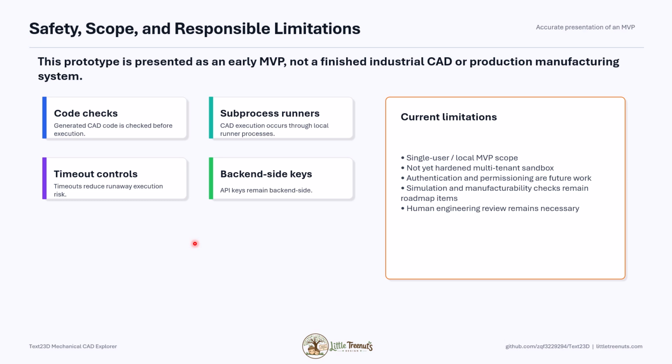The current limitation is that it is only single user and local MVP scope, and it is not yet a hardened multi-tenant sandbox. Authentication and permissions are not done yet. They are future work. Simulation and manufacturing checks remain roadmap items, in a future plan and not done yet. And human engineering review remains necessary.